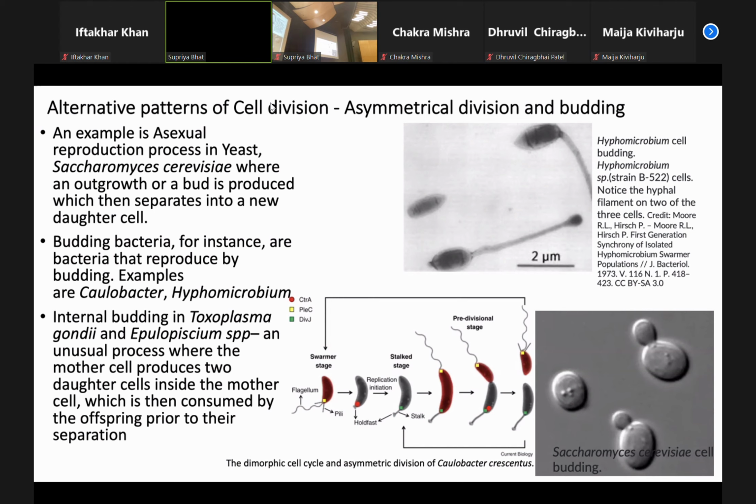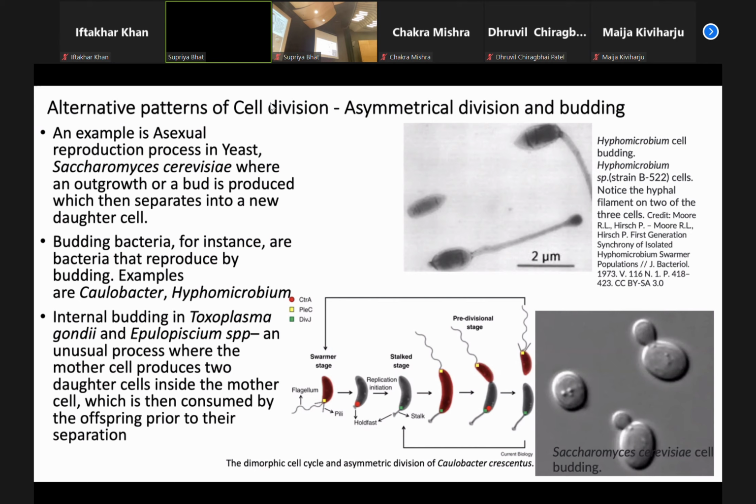Then when it's ready to divide, it goes and attaches itself to a surface using a protrusion that will hold fast. There is a stalk at the bottom using which it attaches itself to the surface. And then the other pole elongates and forms into a daughter cell once the nucleus is divided. And the daughter cell then eventually separates.